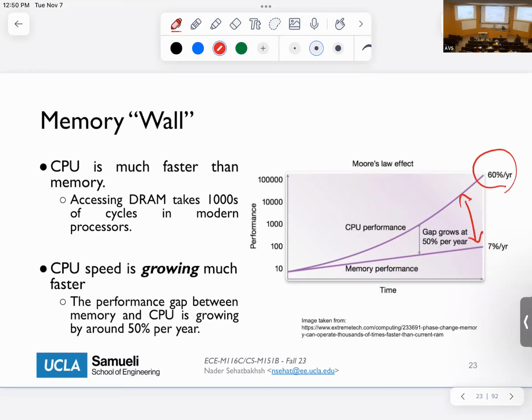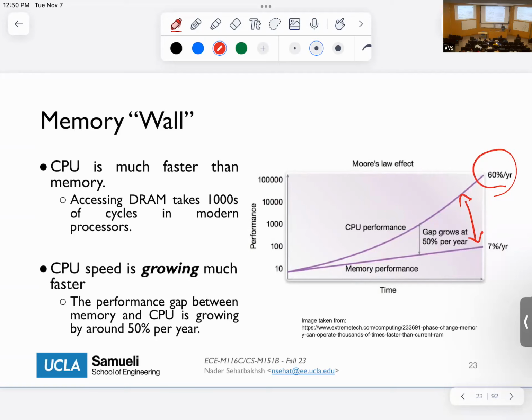During the golden age of computer architecture, we had around 60% per year improvement in the performance of CPUs. But since we couldn't do much on the memory except for the technology, the speed of memory increased by only around 7%.